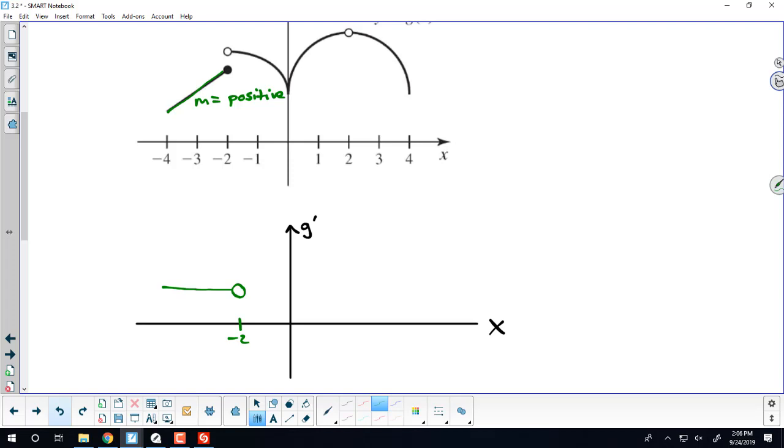So whether it's a closed hole or an open hole, does it matter in the graph of the derivative? It would matter, yeah. We include that point on the graph of g, but the derivative doesn't include that point, because we can't define a derivative somewhere where the function just terminates like that. Even though it's a closed hole? Right, even though it's defined on the function.